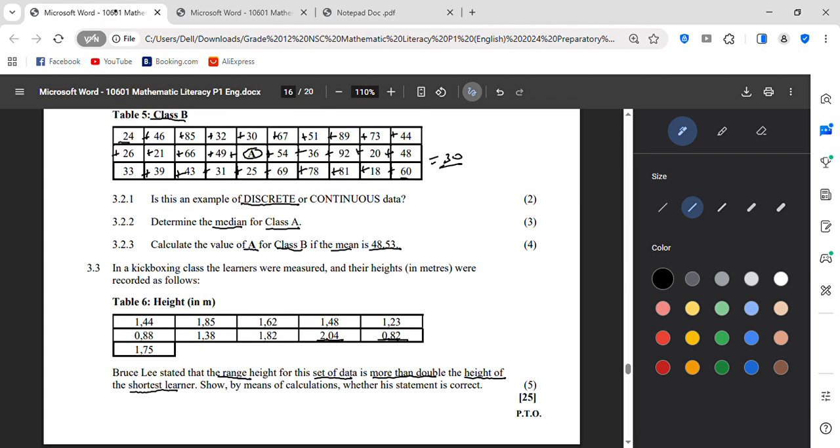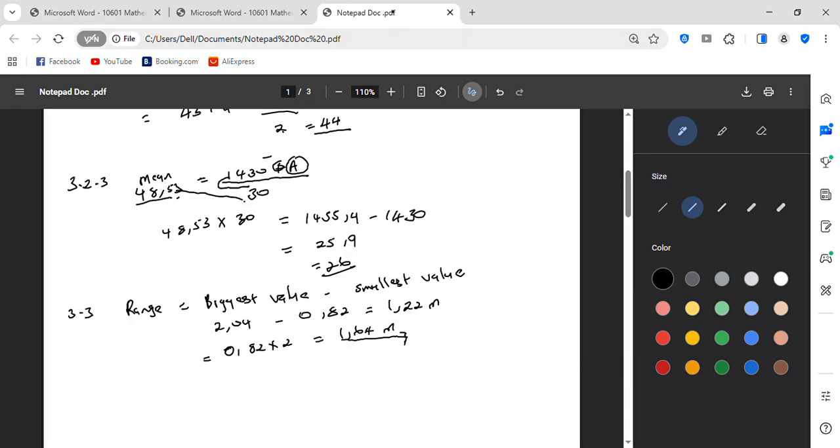So this person was stating that the range for this set of data is more than double the height of the shortest learner. Is it more than double? When we look, it's not more than double.